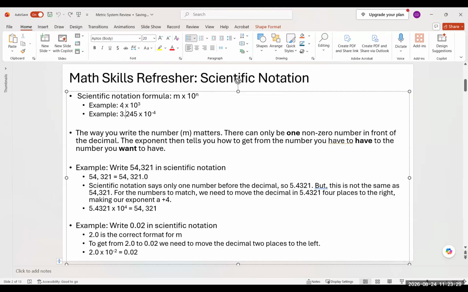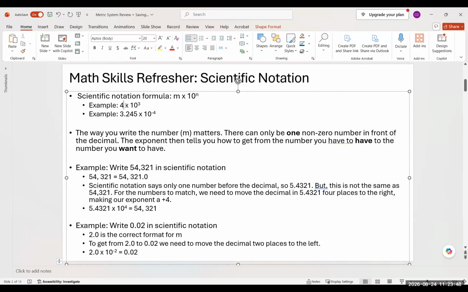Okay? Because the same thing is happening up here with the 4. Do we agree that 4 can also be written as 4.0? We don't have to put the 0 there, but I just want you to notice that the setup is the same. One non-zero number followed by the remaining digits.